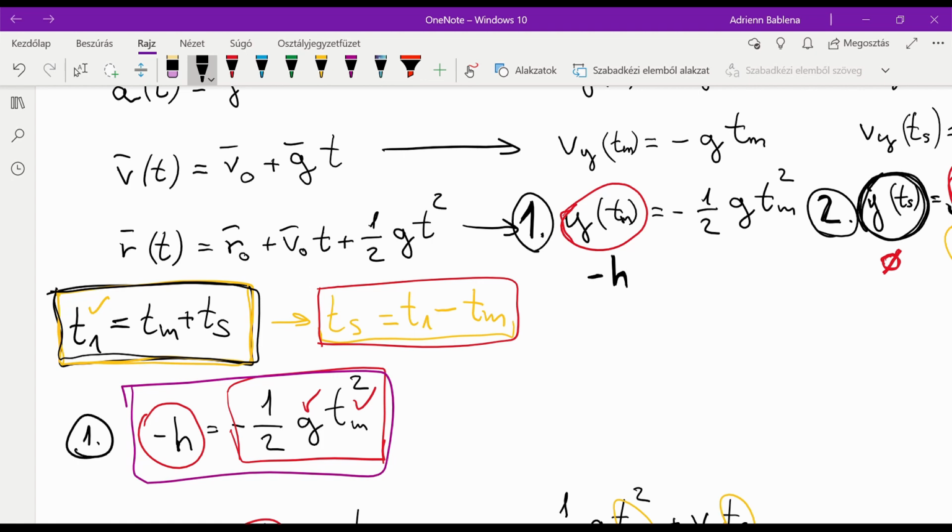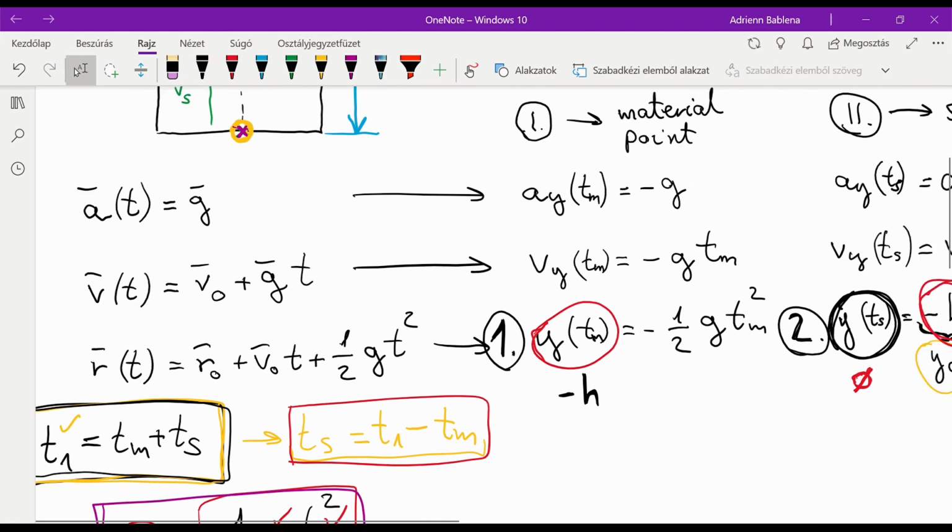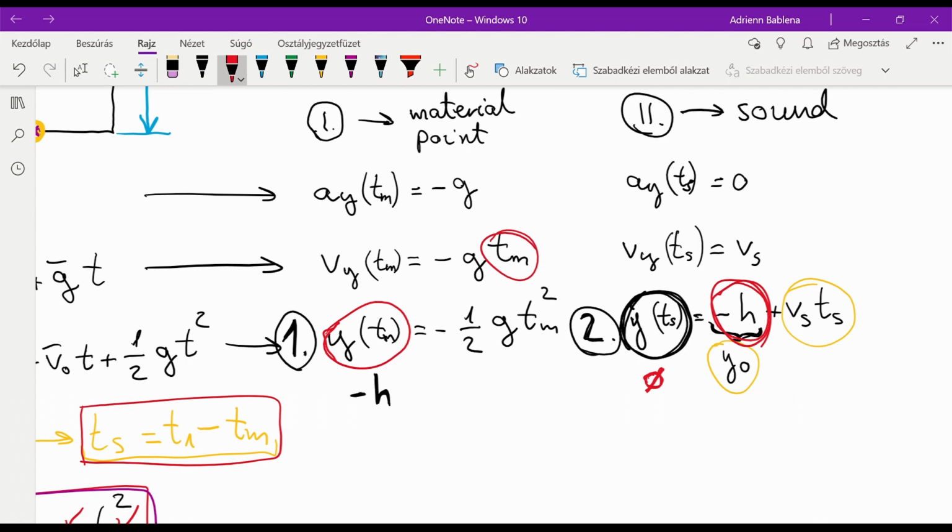This is the time interval T1, which is 4.2, and the movement of the material point has a time. We don't know what, but it has a time Tm, and sound has another time value when the sound travels from the bottom to the top point where we are and where we hear the sound.